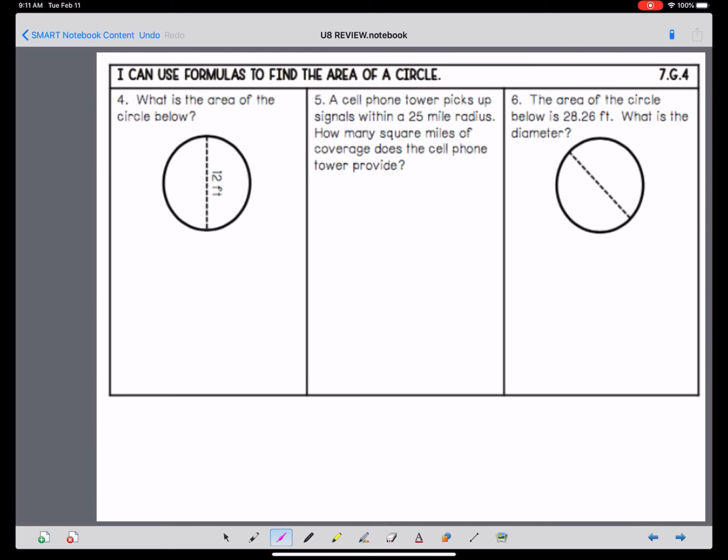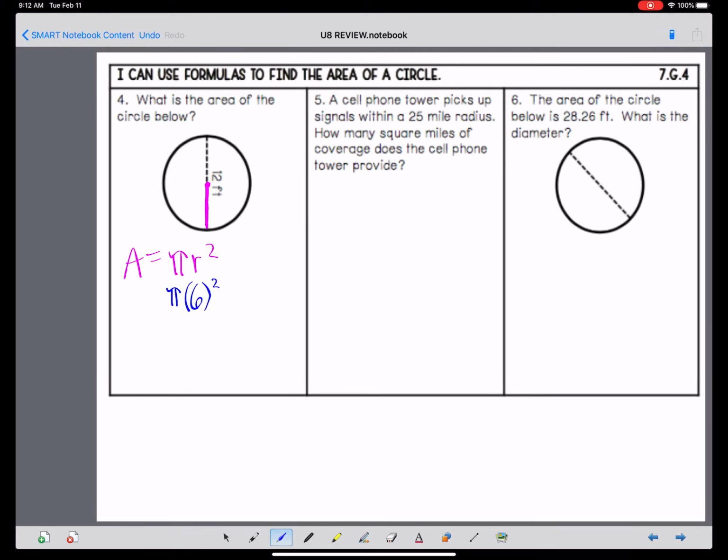Okay, next question. I can use formulas to find the area of a circle. Now, area of a circle is equal to pi times the radius squared. Well, what's our radius right here? If the radius only goes halfway, what's half of 12? 6. So let's plug 6 in for radius, and that's all you're going to do.